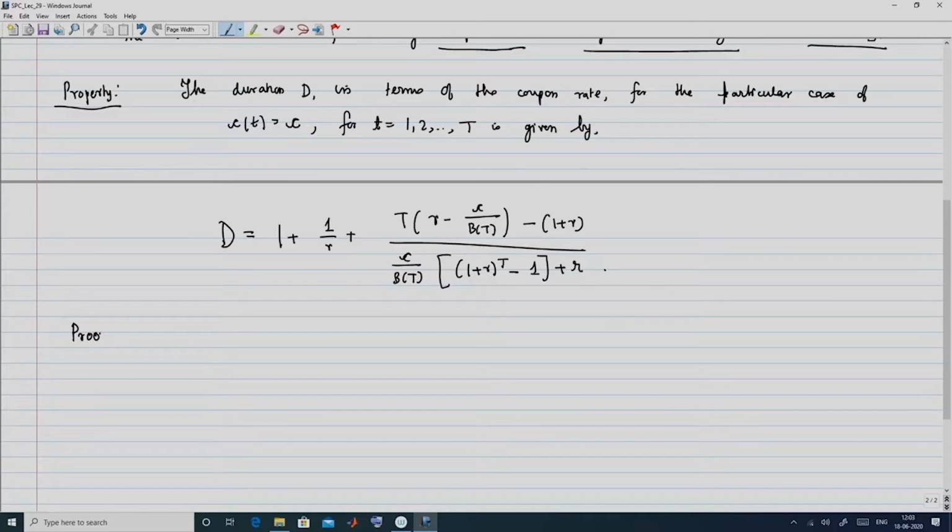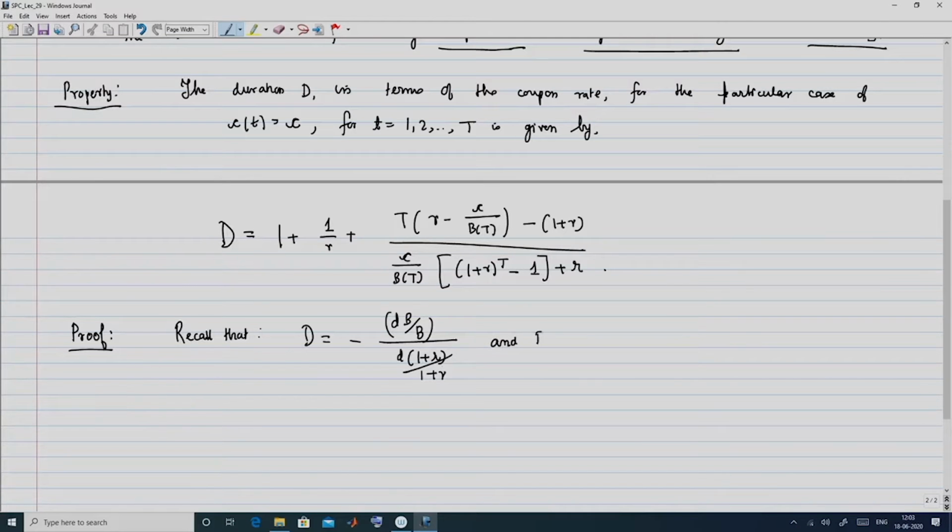So, the proof for this goes as follows. We first begin by recalling that the definition of duration is minus the proportional change in the bond price, that is minus (dB over B) divided by (d(1 plus r) over (1 plus r)).